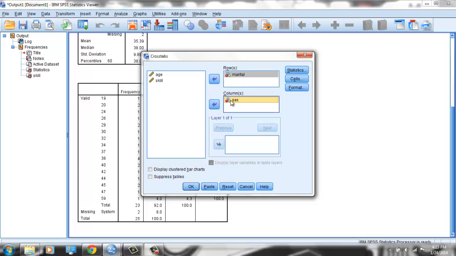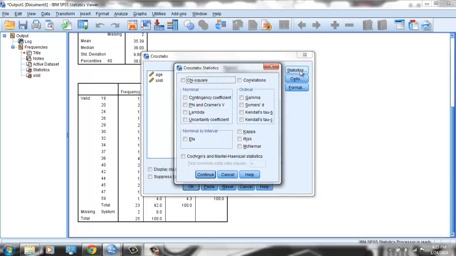Now, we haven't gotten to this yet, but just so you get introduced to the idea, this is where we would have run a chi-square before, last semester, right? We would have calculated chi-square to see if there's a relationship between sex and marital status. How you do that is you click on Statistics, and you click on chi-square. Hit Continue.